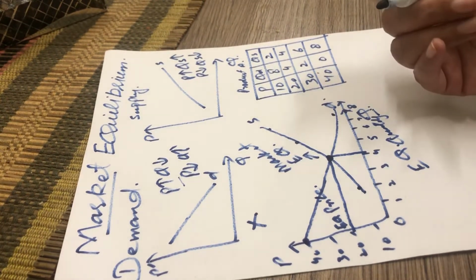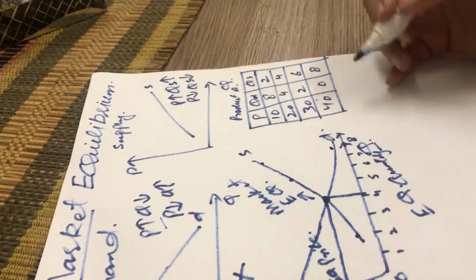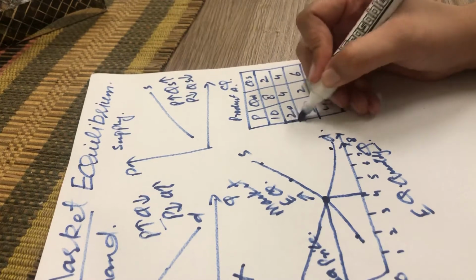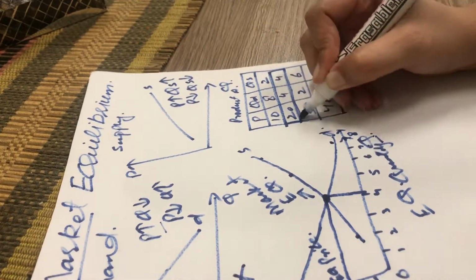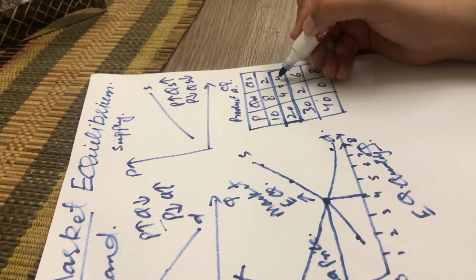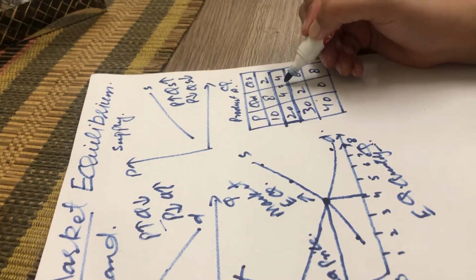From the schedule as well, on this 20 your supply and demand are equal, both are 4. It means 20 is your equilibrium price, and 4 is your equilibrium quantity.